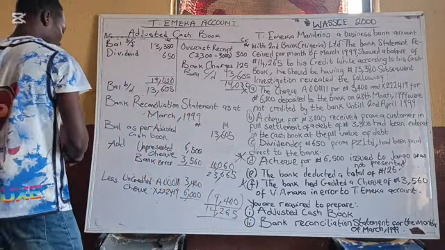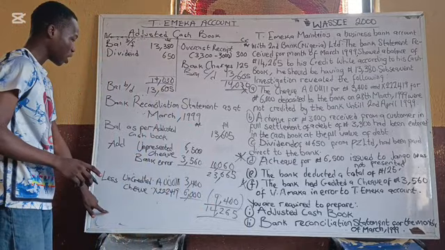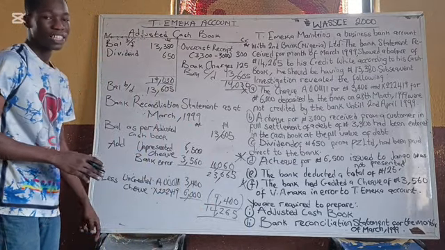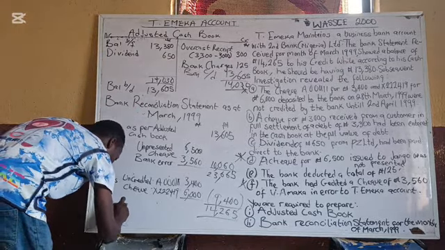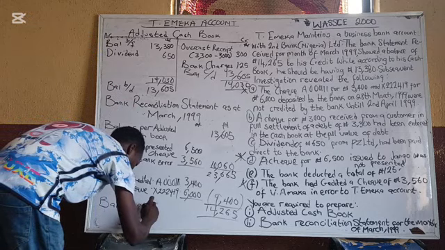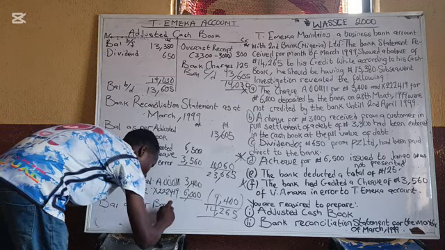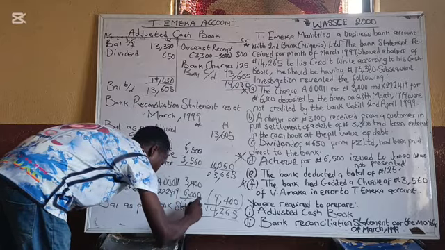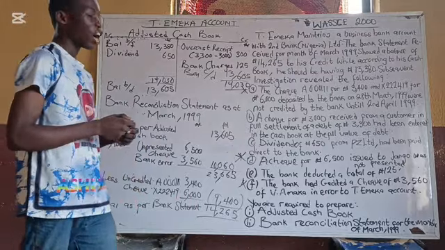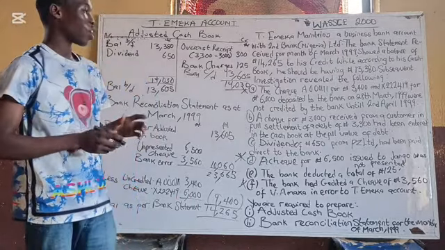Now, what's going to be here is going to be your balance as per bank statement. So we are going to have balance as per bank statement. Do you get it now? Now, how do you know that you are correct?